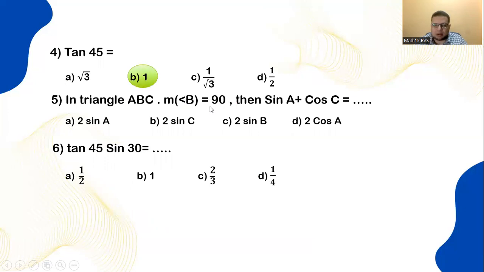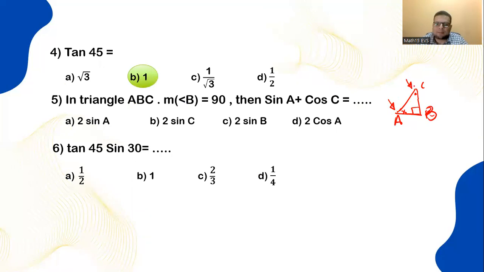In triangle ABC, the measure of angle B equals 90 degrees. So this right angle triangle, sine A plus cosine C equals what? The triangle is right-angled at B, so these angles are acute, and the sine of this angle equals the cosine of the other angle.